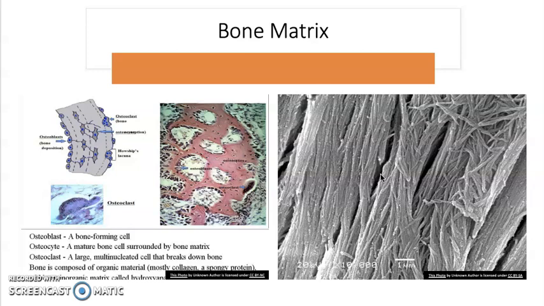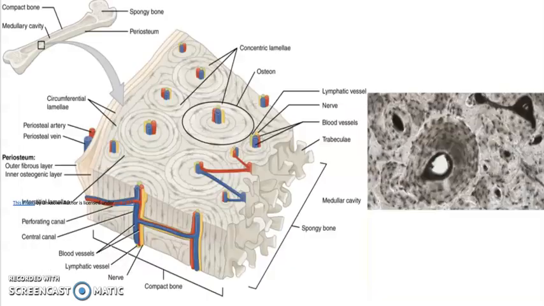The most abundant salt is the crystal of hydroxyapatite or calcium phosphate. Other salts include magnesium, sodium, potassium, and carbonate ions. And just to give you an example, the condition called osteoporosis results from loss of bone mineralization.